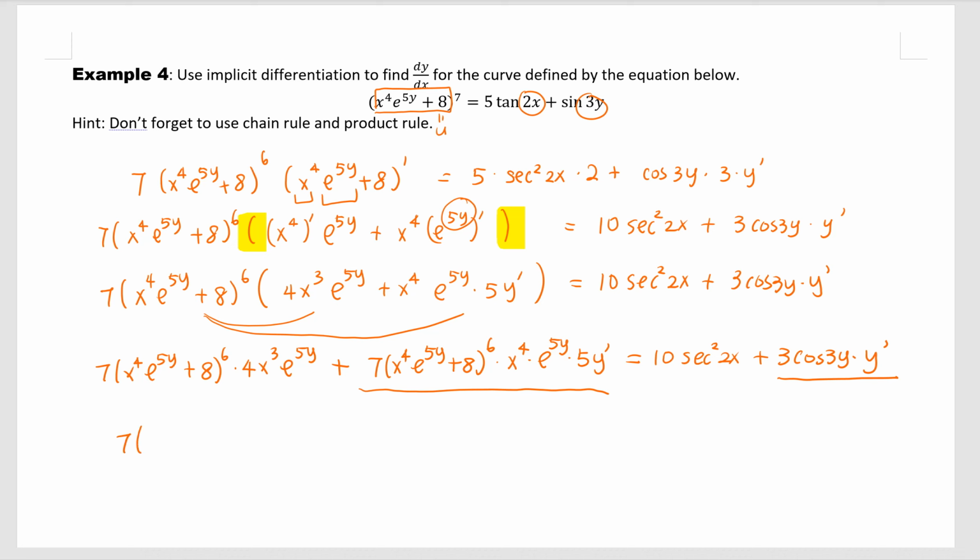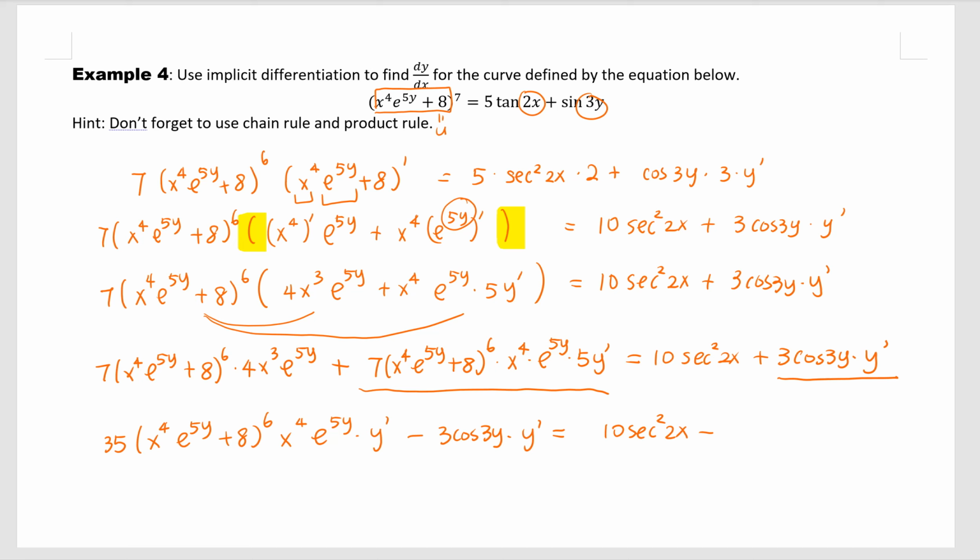So we have 7. Oh, we can actually move the 5 in front. So 5 times 7 is 35 x to the 4th e to the 5y plus 8x to the 6, and then we have x to the 4th e to the 5y times y prime, minus 3 cosine 3y times y prime, and then the 10 secant squared 2x, and the left term move to the right.